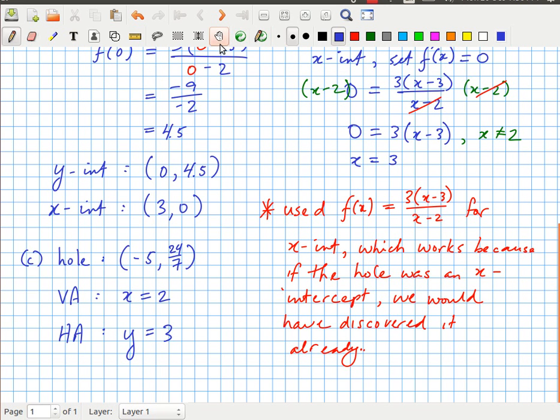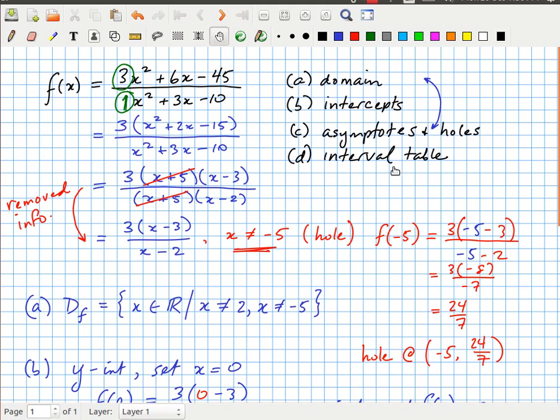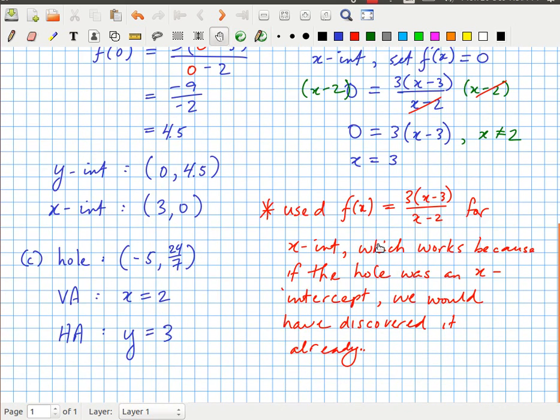So now I'm going to move on to a new page, and we need to create our interval table. Just as it was when we did the unit on polynomials, our interval table is based on where we cross 0, so that's the actual zeros, or any asymptotes, any discontinuities along the x-axis.